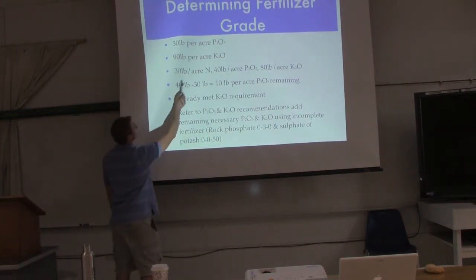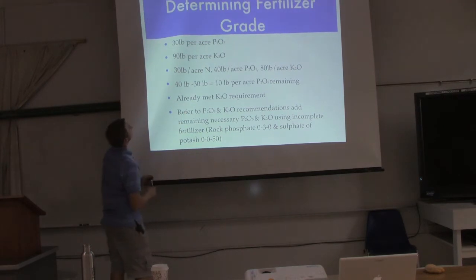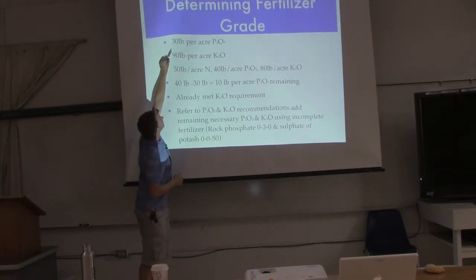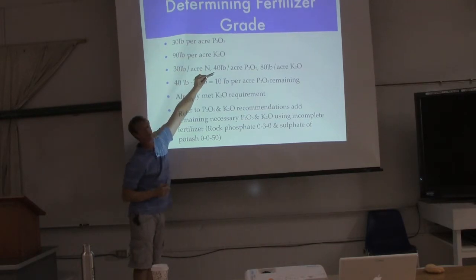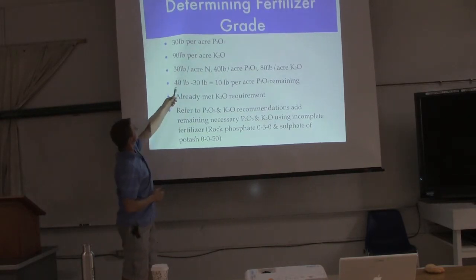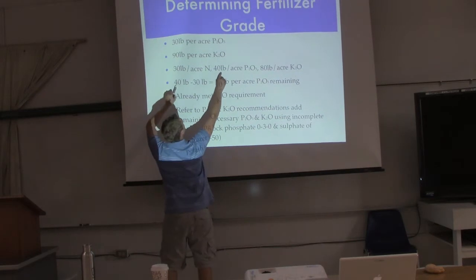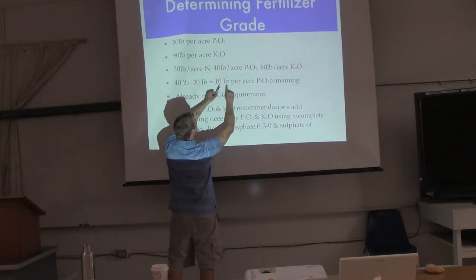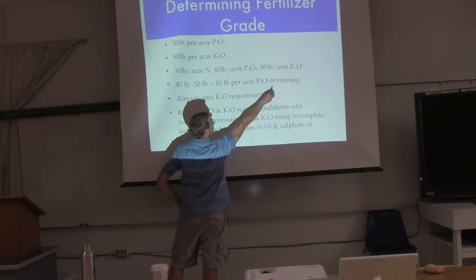I'm getting pretty close to meeting my requirement, right? 30 pounds per acre of P2O5, and I'm supposed to put in 40. So I'll take that number 40 that I'm supposed to put in, take that number that I am putting in, and figure out how much is left over.